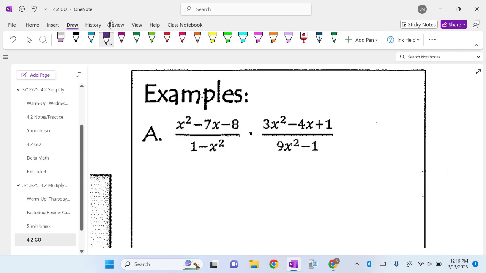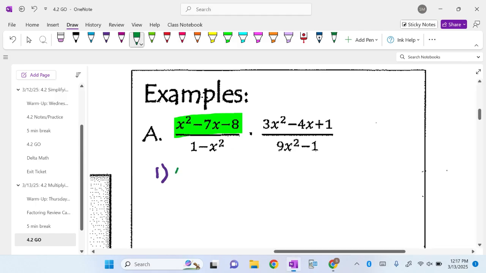All right. So the numerator of the top is pretty easy. Because what are two factors of -8 that add or subtract to -7? -8 and 1. Good.